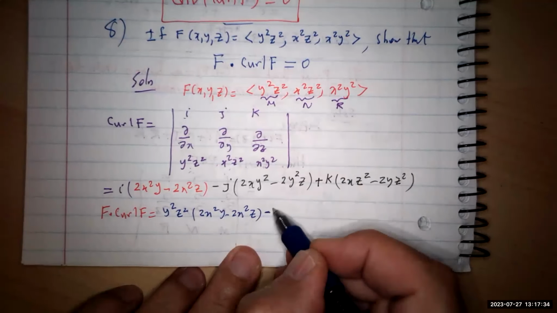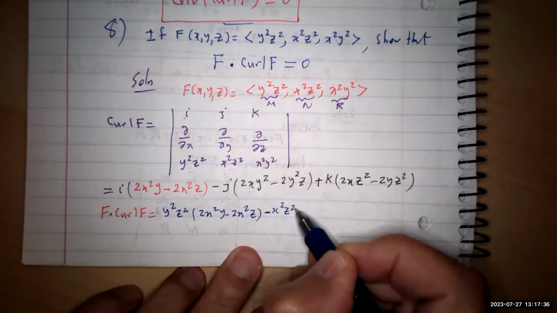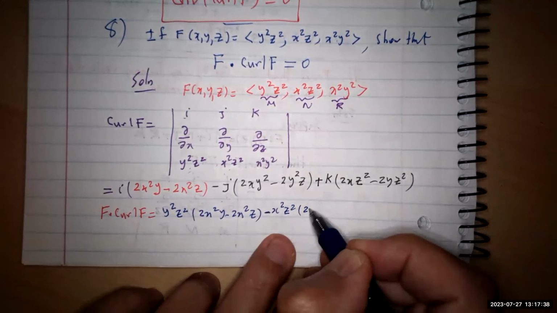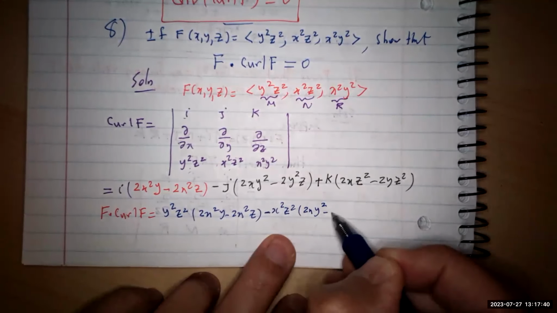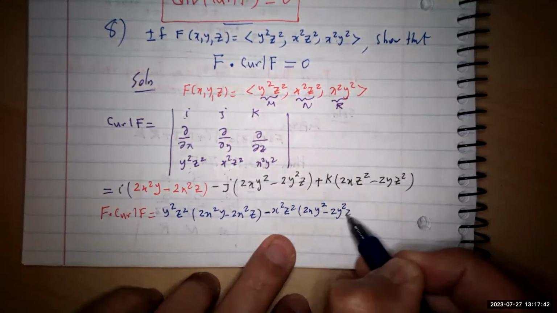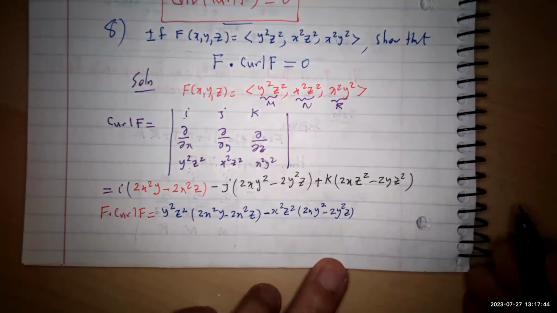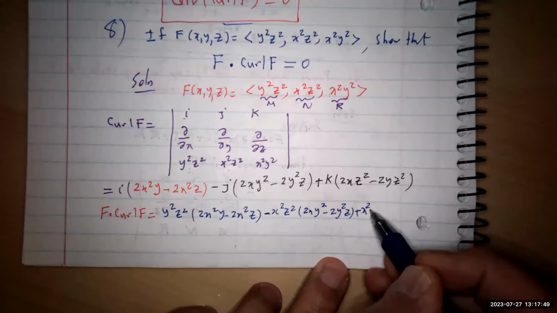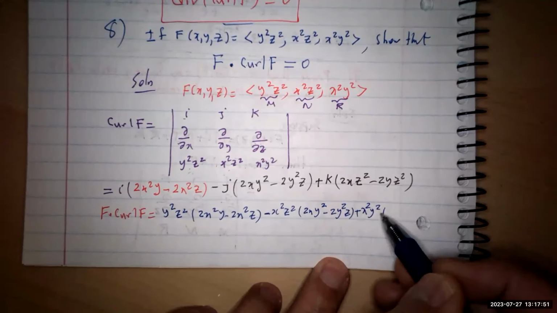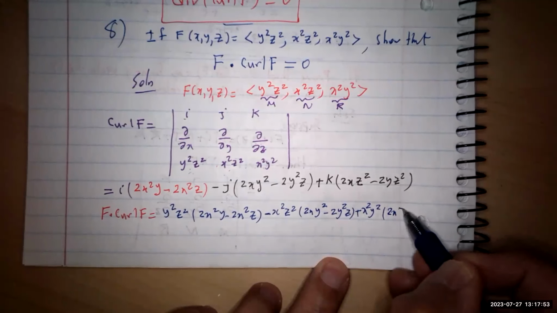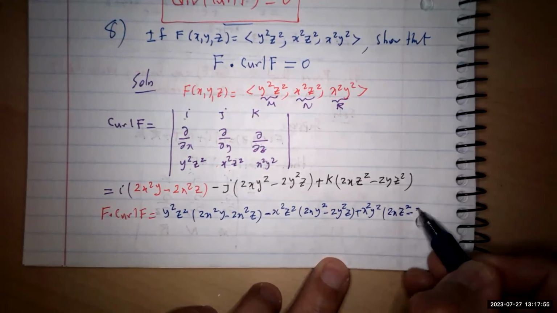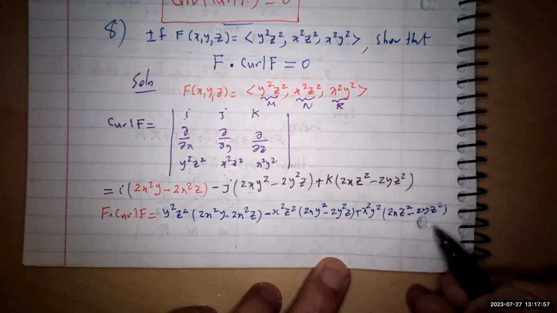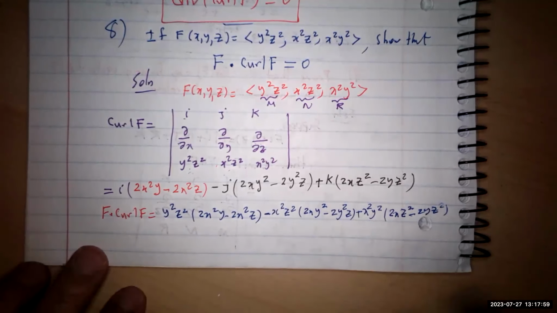The second component is x squared z squared times 2x y squared minus 2y squared z. And the third one is x squared y squared times 2x z squared minus 2y z squared. If you multiply them together, it would be 0.